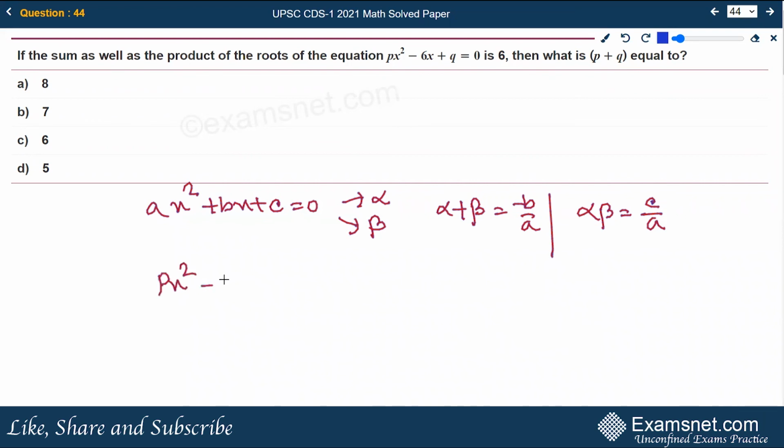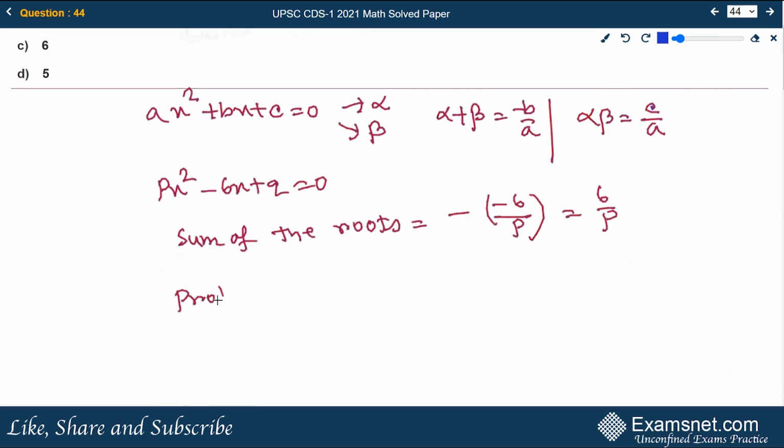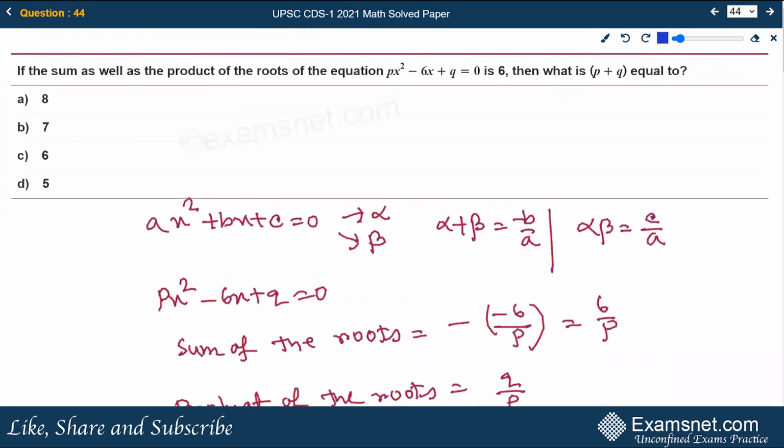Here we are given px square minus 6x plus q equals 0. If the sum as well as the product of the roots of the equation is 6, what is the sum of the roots? That is minus of minus 6 by p, right? That means 6 by p. And the product of the roots, that is q by p, right? According to the formula. And they said the sum and the product both are 6.